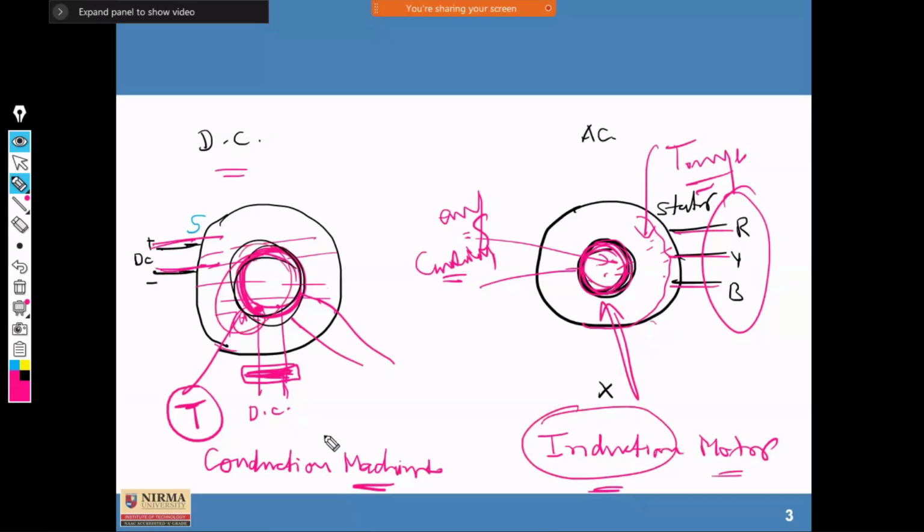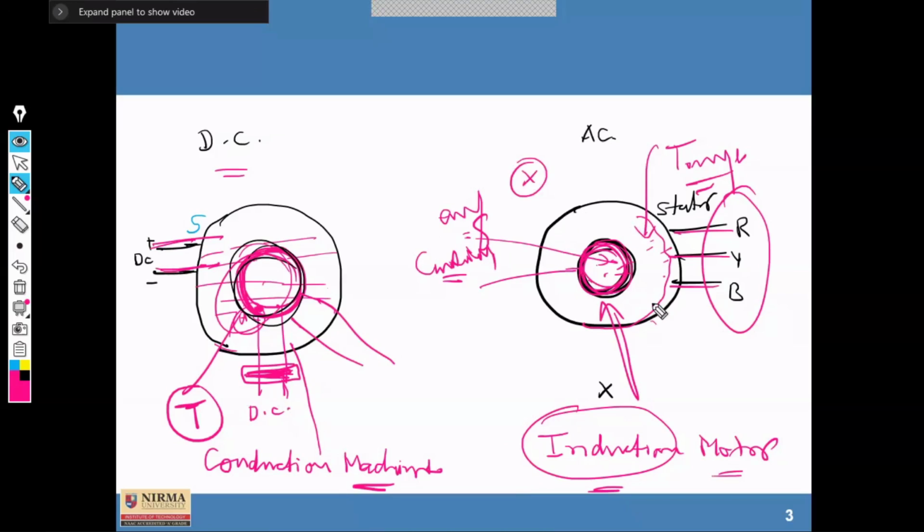And DC motor is sometimes also known as conduction motor, because we are conducting the DC supply externally to the rotor circuit. Clear? So what are the advantages here? No need for DC supply here. That means economical.